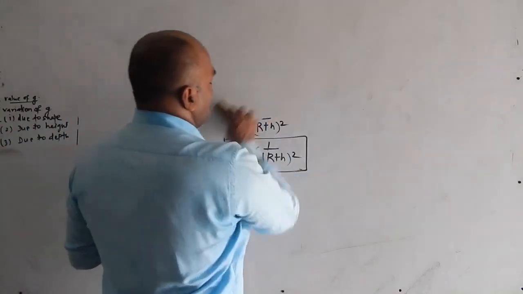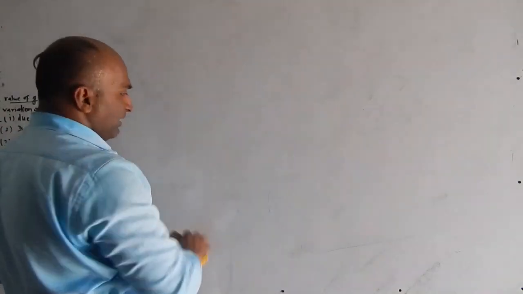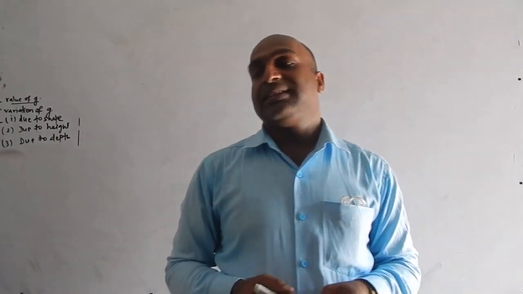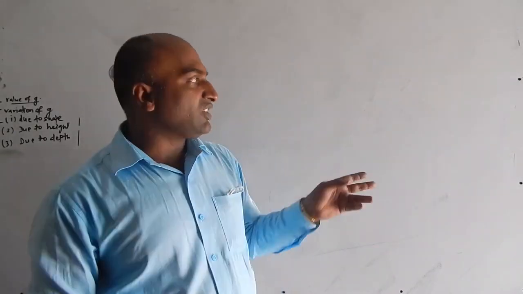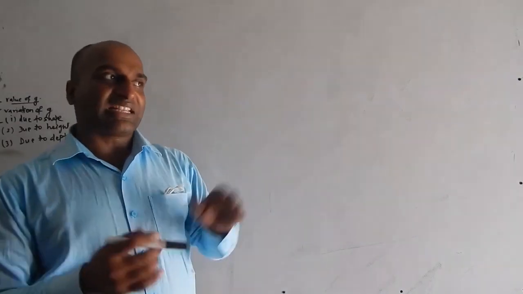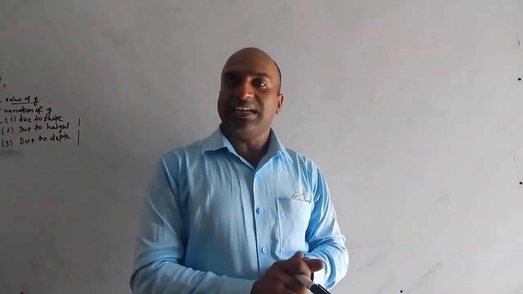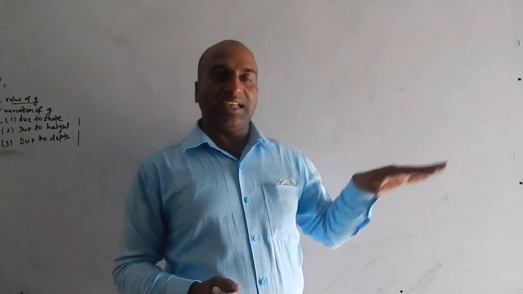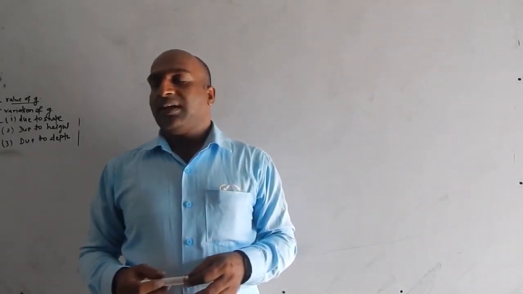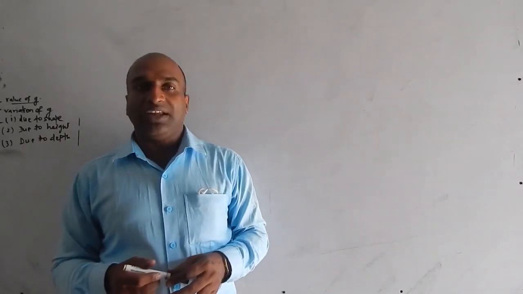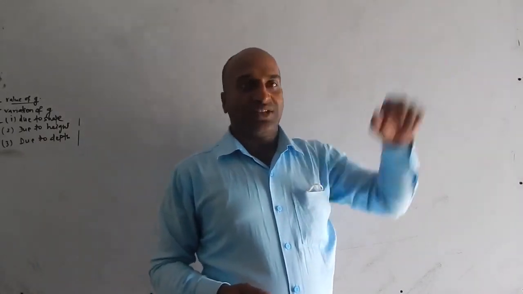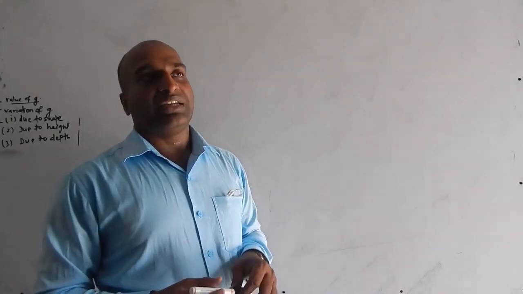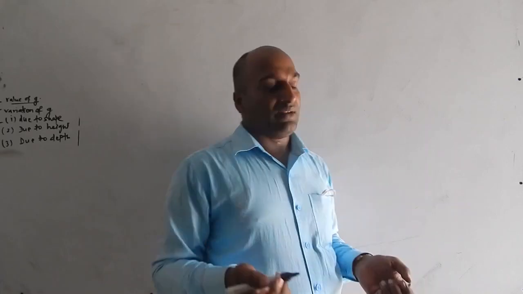Now, you may be asked in the given topic: the value of acceleration due to gravity is less on the top of a mountain than on the surface of the earth. Why? It is due to the same reason that as the altitude increases, acceleration due to gravity decreases. It is therefore on the top of a mountain, due to more height, the value of g is less, and therefore the weight of an object is also less on the top of a mountain.